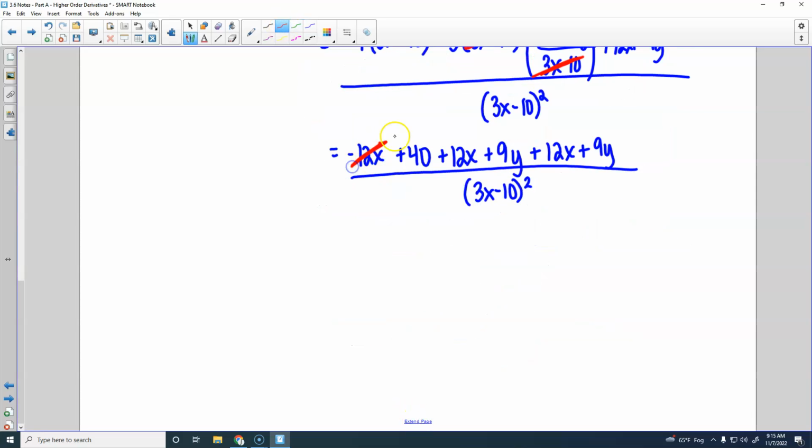The negative 12x can cancel with this 12x, but you do still have a 12x there, so you'll have 12x plus 18y plus 40 over 3x minus 10 squared.